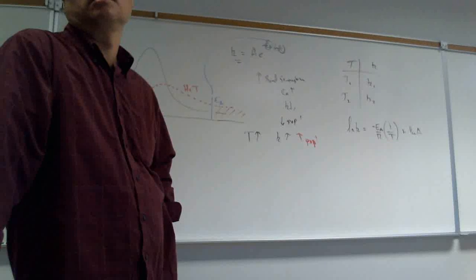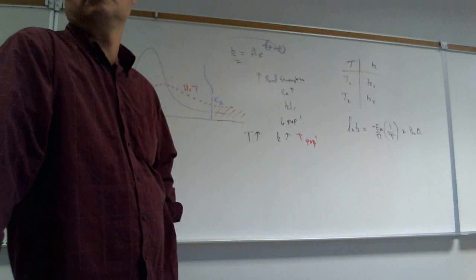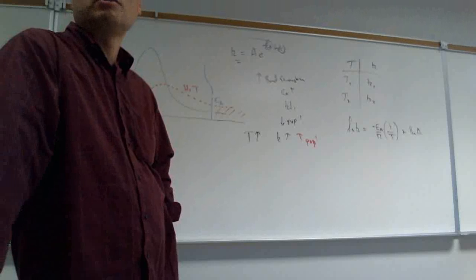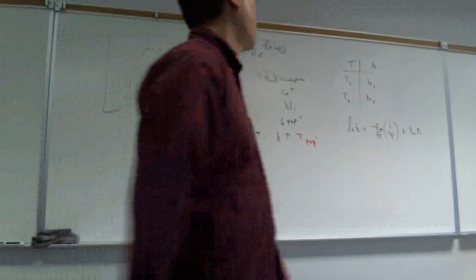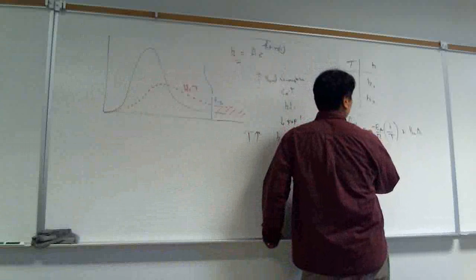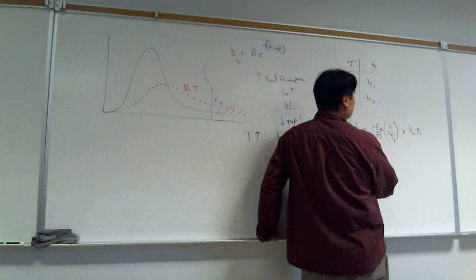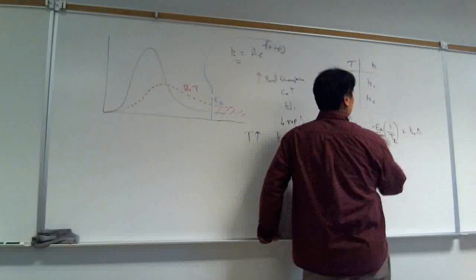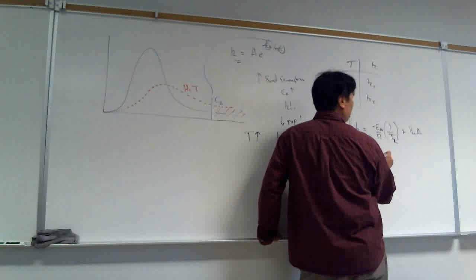Subtract, right. Subtract what from what? Subtract ln of K1, T1 from ln of K2, T2. So we usually do K2, T2, so we get something like this, ln of K2 minus ln of K1, right?